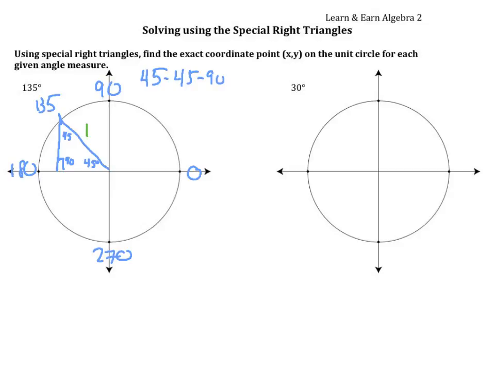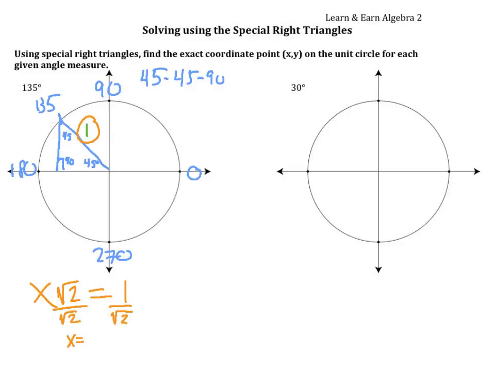So that means, let's pretend I don't know what the lengths of the other sides are. So the hypotenuse is x times square root of 2, but we know that the hypotenuse is 1. So now I need to solve this to get x by itself. So I'm going to divide by square root of 2.